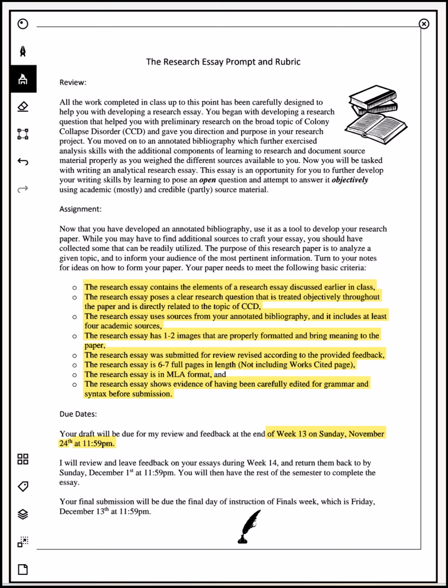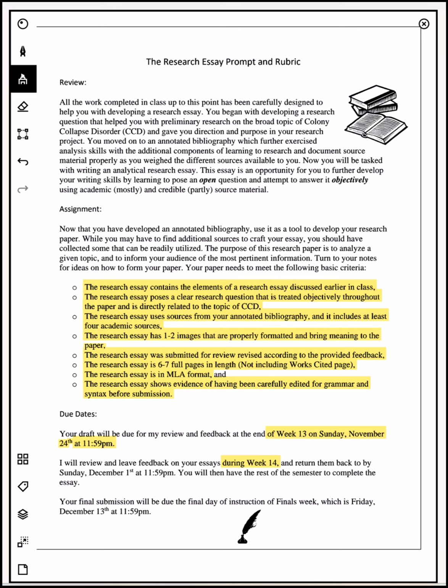And then you have time to go back and edit and revise and then turn it in. So I need it by November 24th at 11:59 p.m. I will then review it and give you guys feedback during week 14.